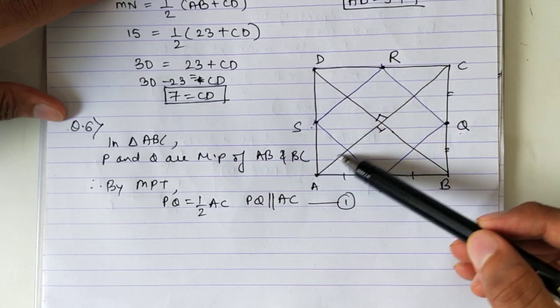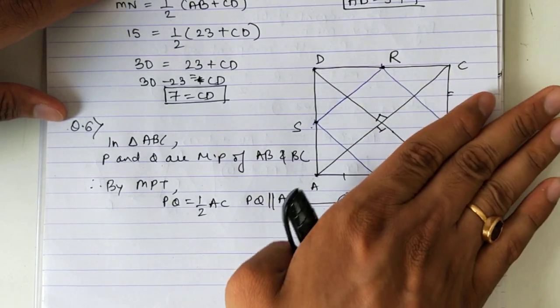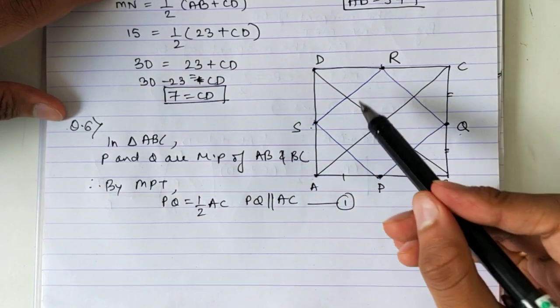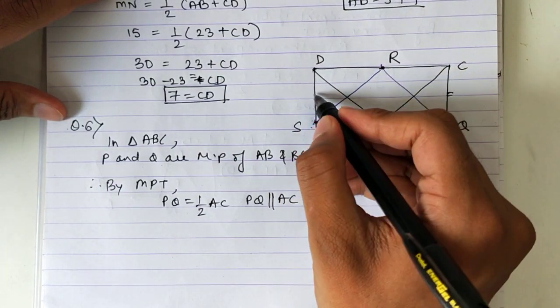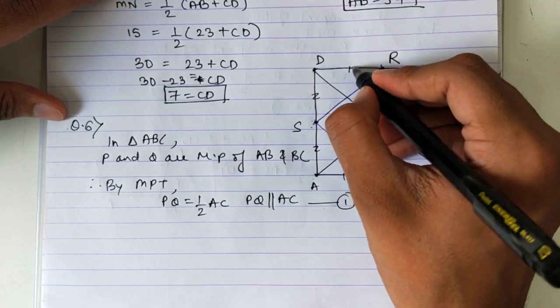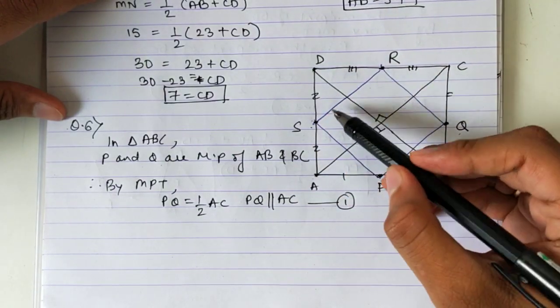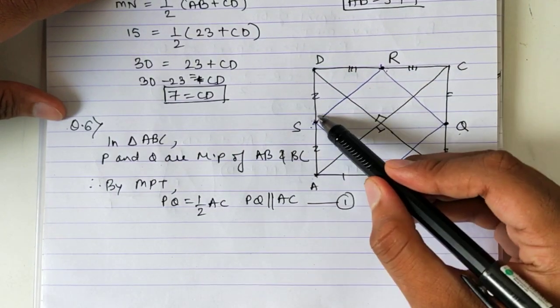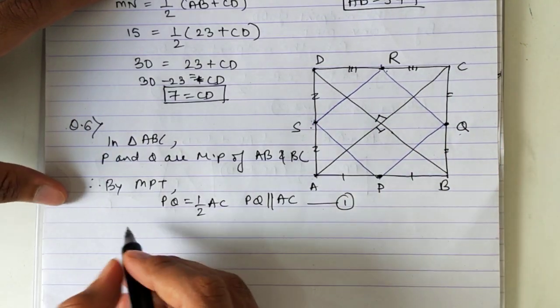Now take the upper triangle. Cover this part and see the upper triangle. Here S and R are midpoints. Correct? This S is a midpoint and R is a midpoint. So SR is parallel to AC and SR is half of AC. Correct?